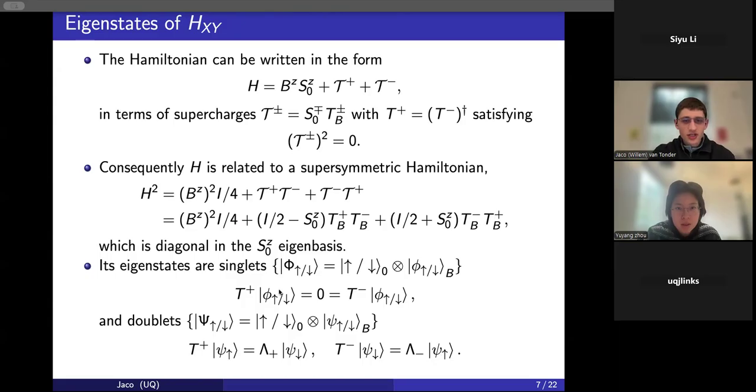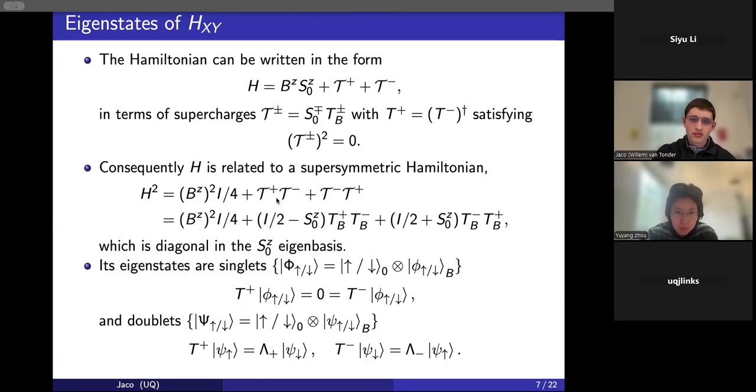Yeah, so I guess they come from the fact that the eigenstates of a supersymmetric Hamiltonian either come in pairs related by the T plus, so really T and T dagger in a sense, related by those operators.